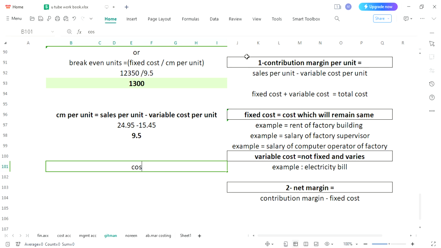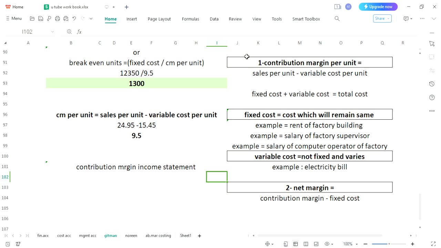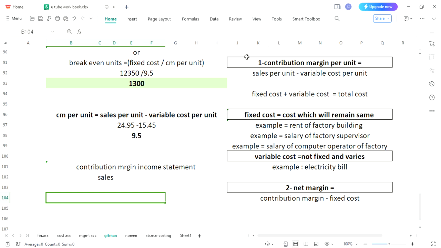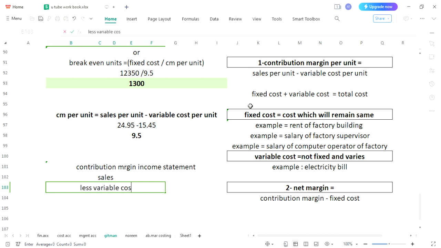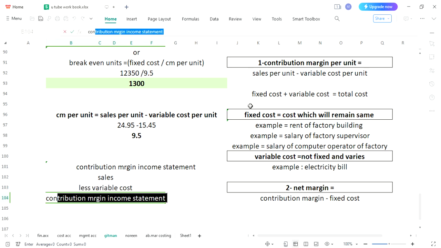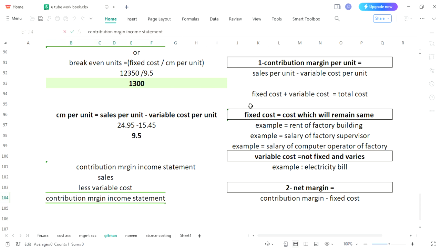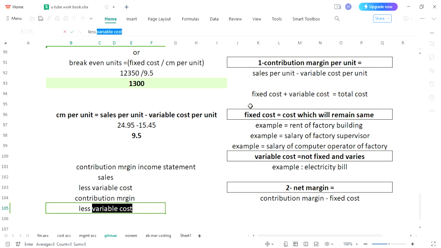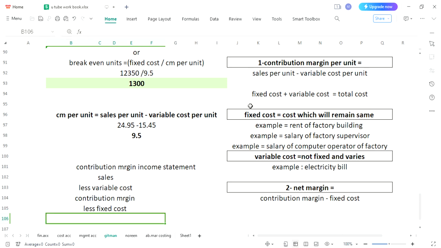So again, contribution margin income statement. For this we must have sales, and then we will subtract variable cost, with which we will get contribution margin, and then we will subtract fixed cost, with which we will get net margin.